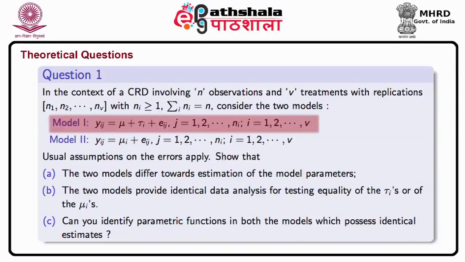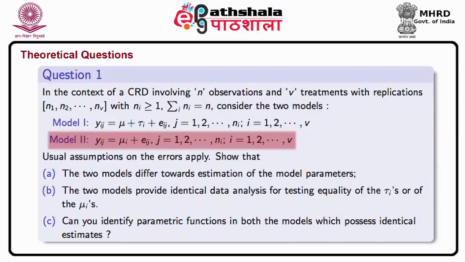Model 1 says the recorded observation Yij can be written as mu plus tau i plus Eij, and model 2 says that the same recorded observation Yij can be framed as mu i plus Eij. Usually the assumptions on the errors are IID homogeneous normal 0, sigma square. So the assumptions hold under both models.